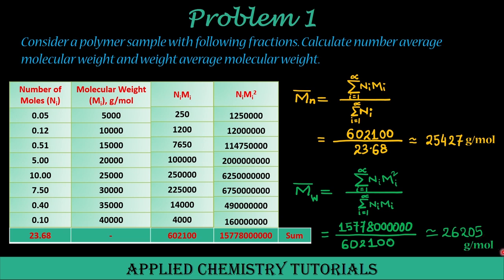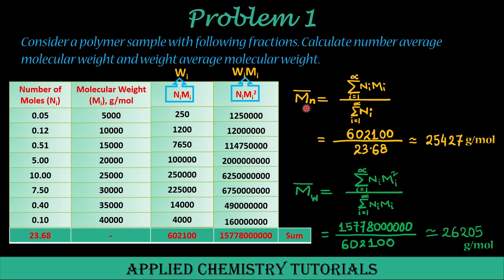26,205 gram per mole. Sometimes you can see that instead of number of moles, weight of the polymer fractions are given. So you can easily utilize Wi in place of Ni Mi to find out Mn bar or Mw bar. Similarly, you can find out NiMi square by multiplying Wi with the respective molecular weight.